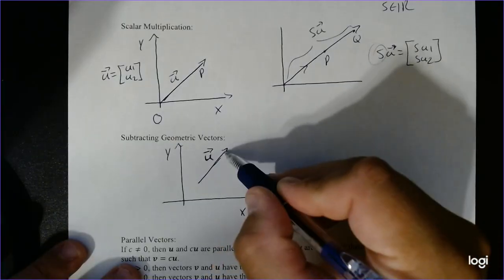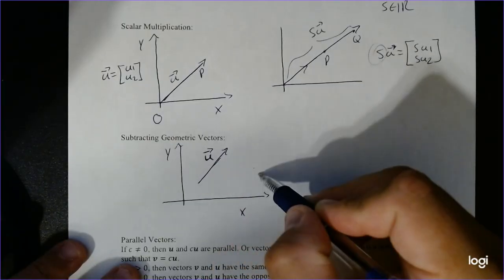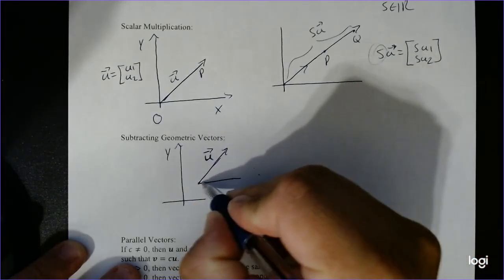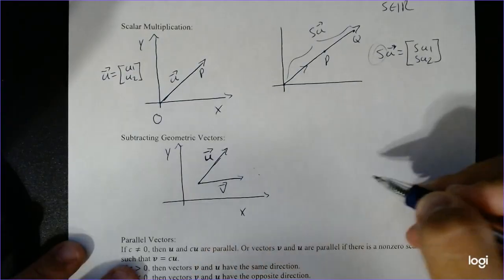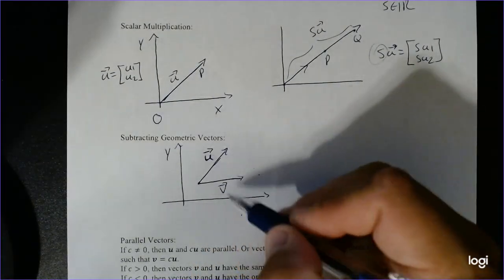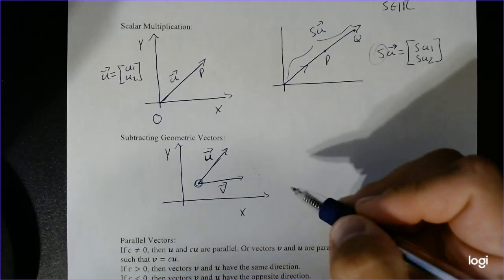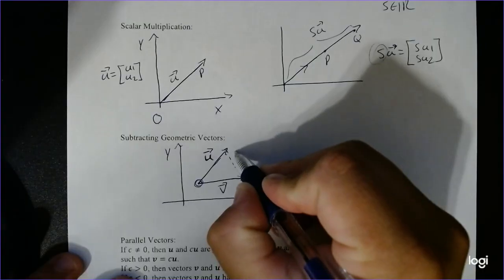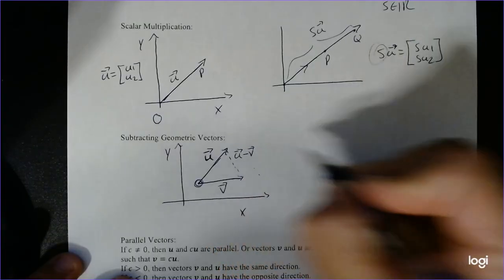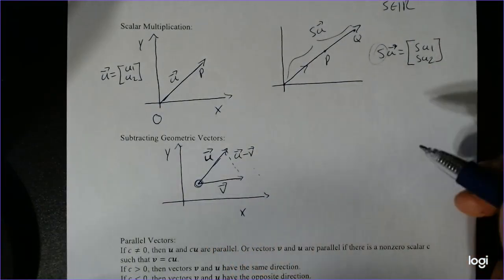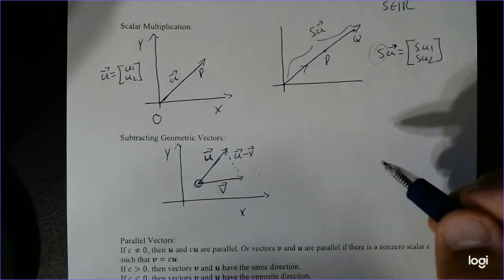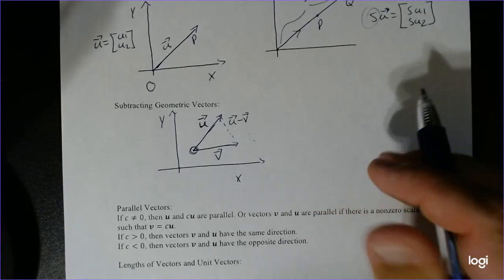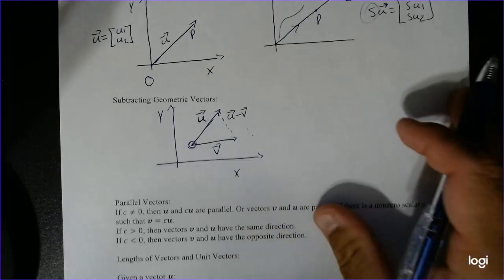So it goes start to end, start to end. But this time, because we're subtracting, the starting points actually have the exact same point. So both vector U and V have a shared starting point, and the subtraction of these two vectors will give you the result here. Again, a subtle difference from addition. But you still get a triangle, a different triangle, which becomes more important as we go along in the next sections.